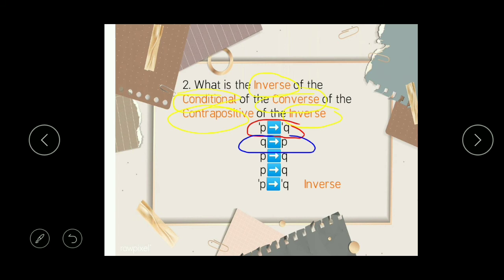Next, we will find the converse of this statement. What should we do to the statement to make it a converse?